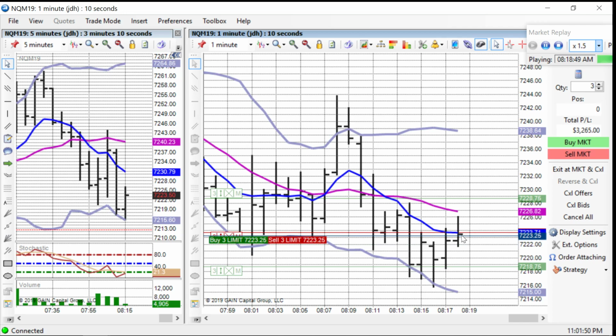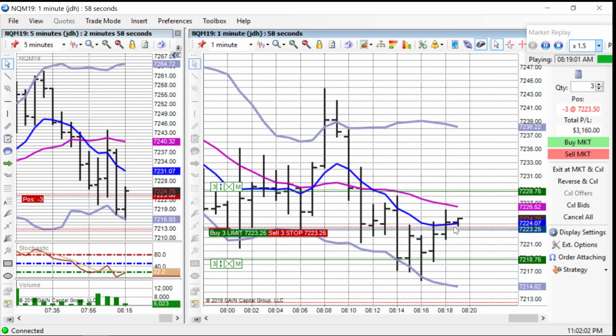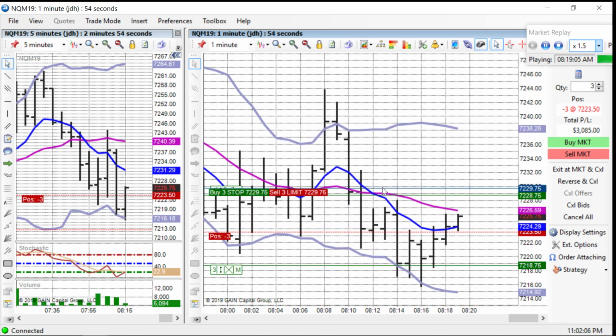In the real market, that would have entered me. That was too much of a delay, because that was entering on a stop, so that should have been fairly immediate. It would be in live trading. So got in too early.